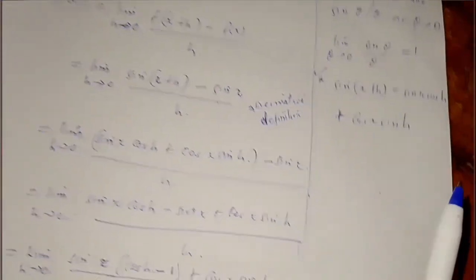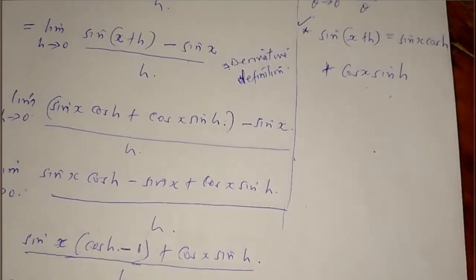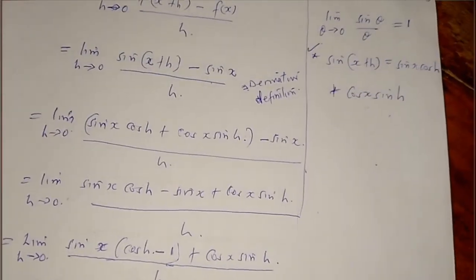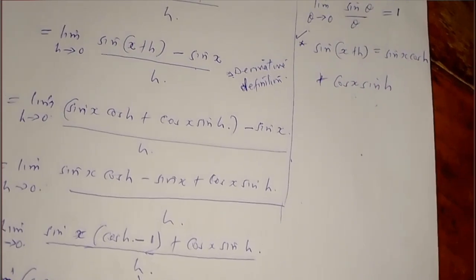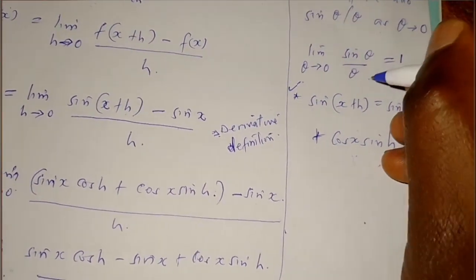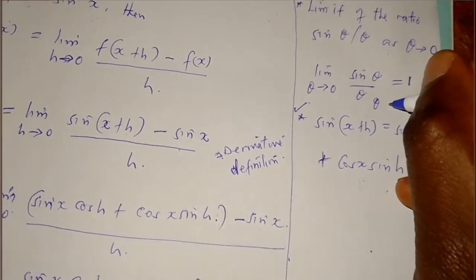So remember, when I started explaining, I said that we want to calculate the derivative of f of x is equal to sine x for x measured in radians. Here I can also indicate, I forgot to mention, that theta is in radians.